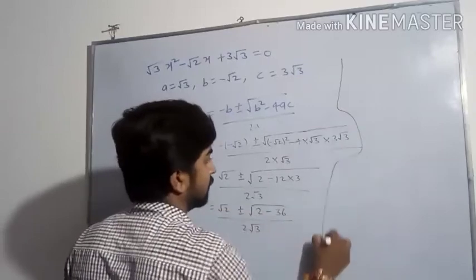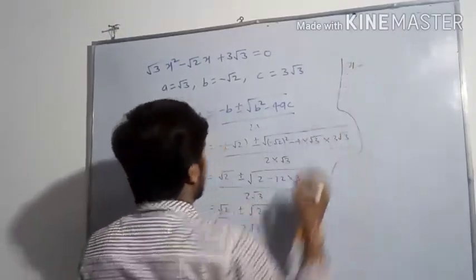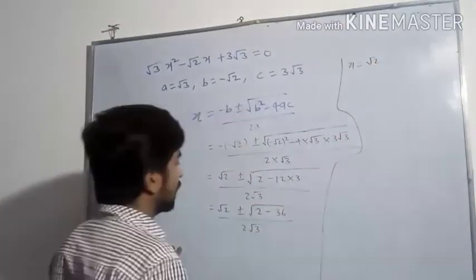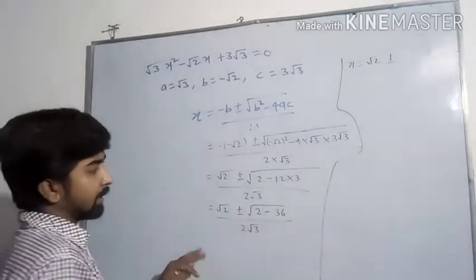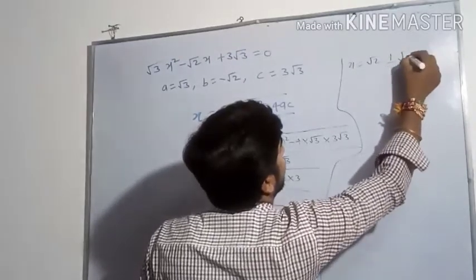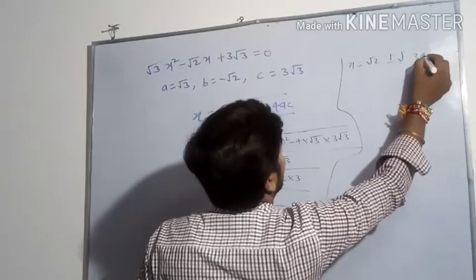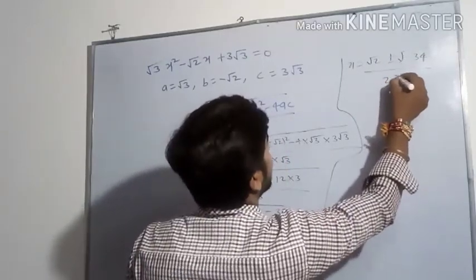Now x equals under root 2 plus minus under root 2 minus 36, which equals minus 34, under root minus 34 upon 2 under root 3.